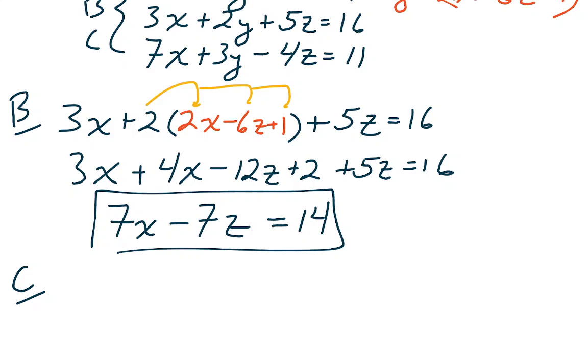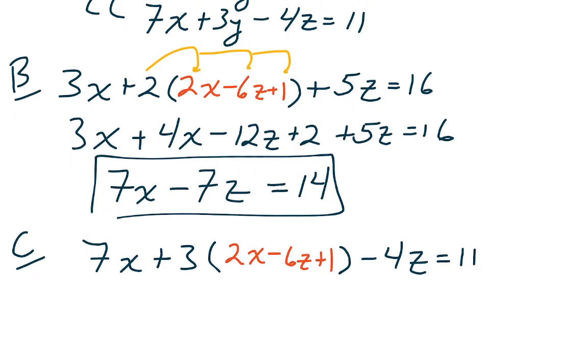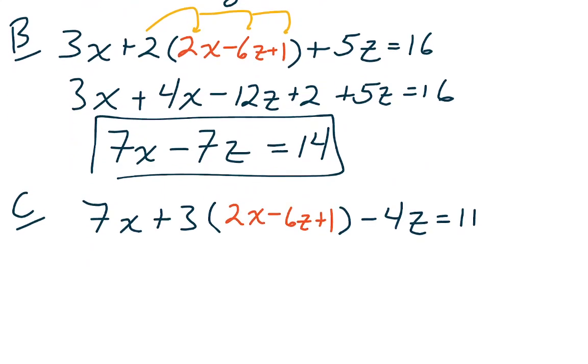So now we're going to do equation C, and equation C has a y that is ready to receive the same 2x minus 6z plus 1, the same substitution. Make sure you're not just copying, but that you're noticing where these expressions are coming from. I simply substituted a second time into equation C.